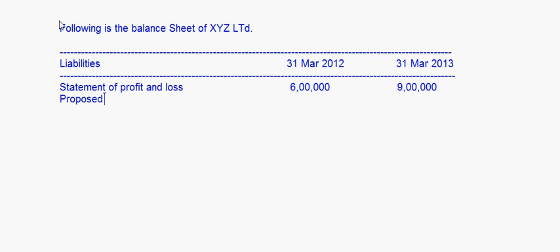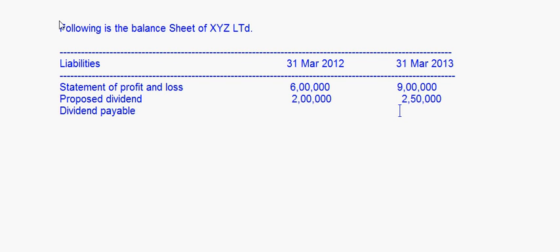Then the next one is proposed dividend. Now proposed dividend is given as, let's say, 2 lakh and 2,50,000, right? Then we have dividend payable for the current year.